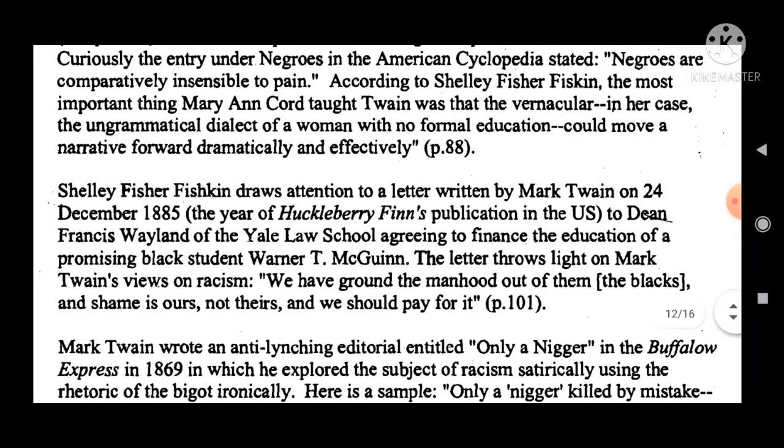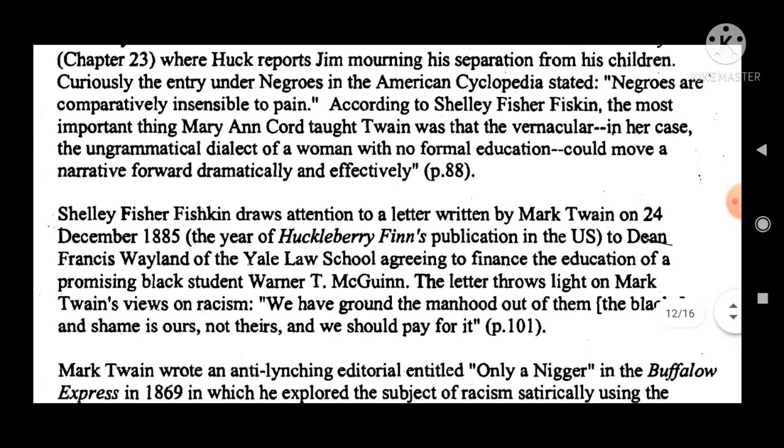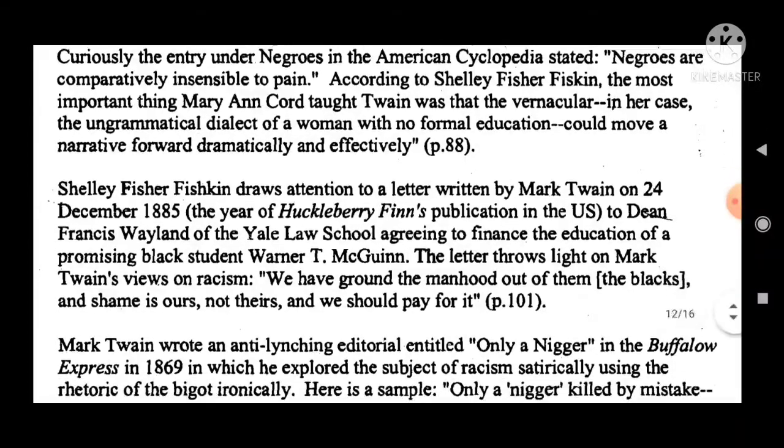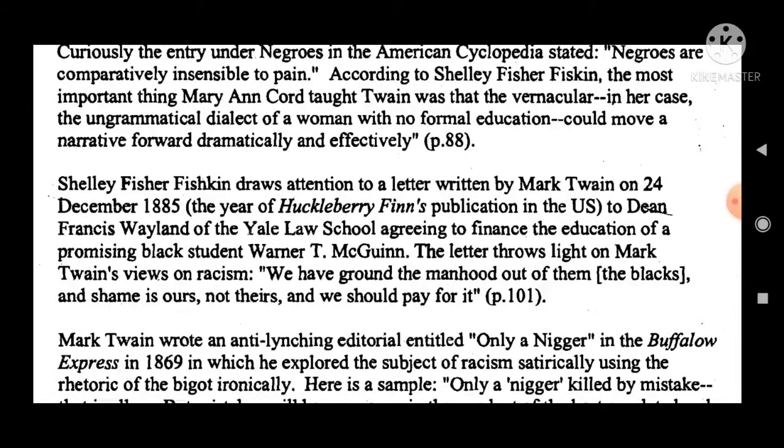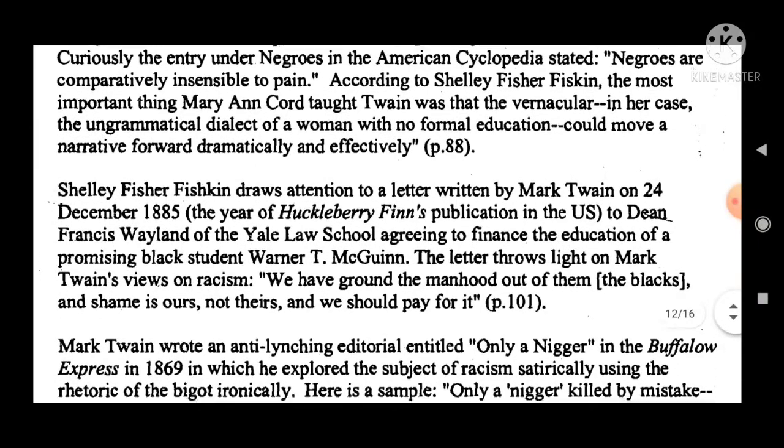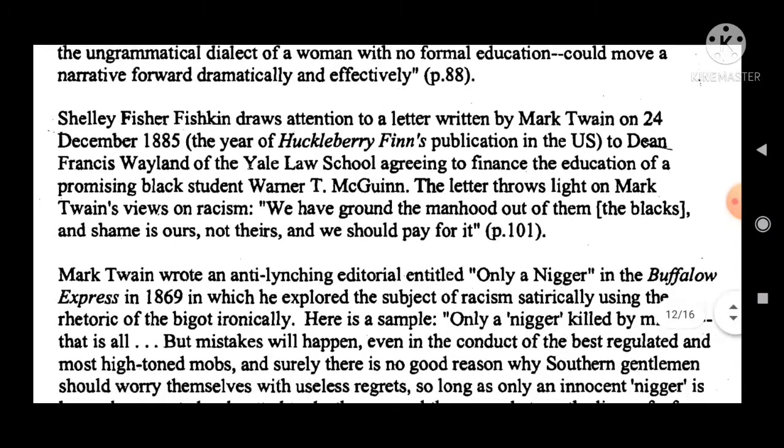According to Shelley Fisher Fishkin, the most important thing Mary Ann Cord taught Twain was that the vernacular, in her case the ungrammatical dialect of a woman with no formal education, could move a narrative forward dramatically and effectively.